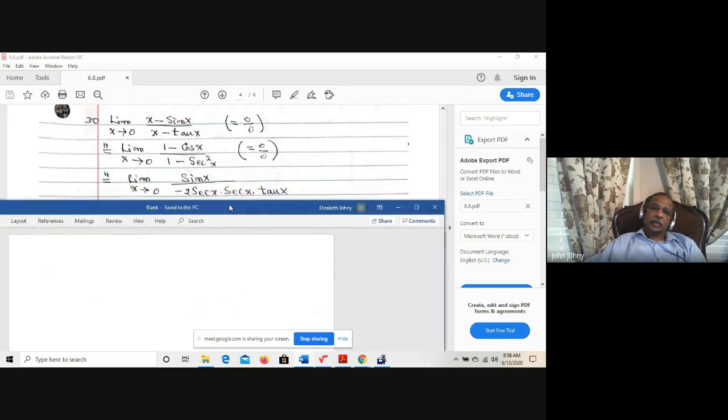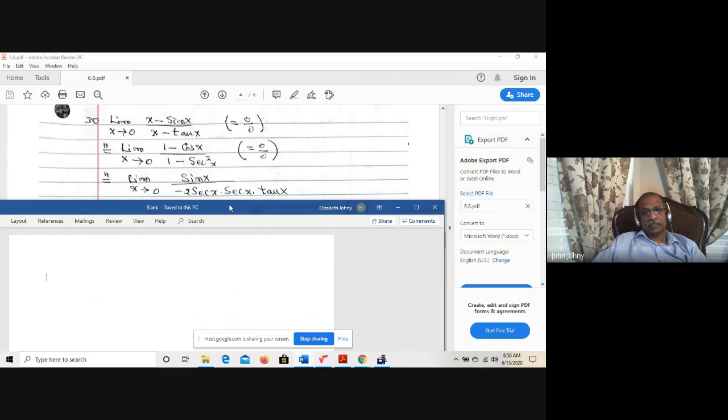Differentiate once again. Numerator: negative of negative sin x, that is sin x. Denominator: first you apply the chain rule, power rule, that is negative 2 secant x.